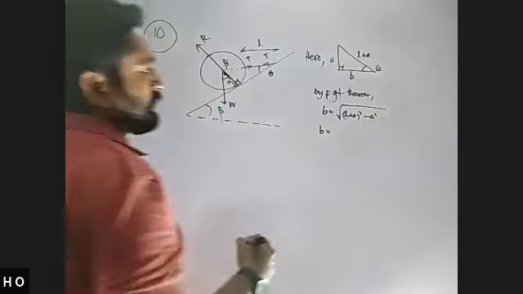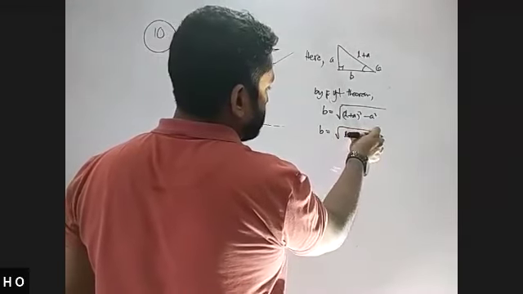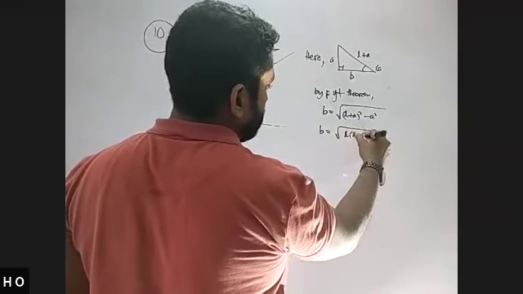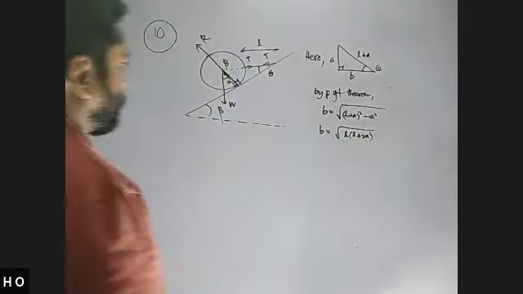B is going to be L square plus 2LA, square root of L square plus 2LA, that is B.